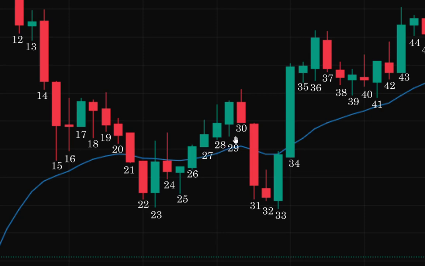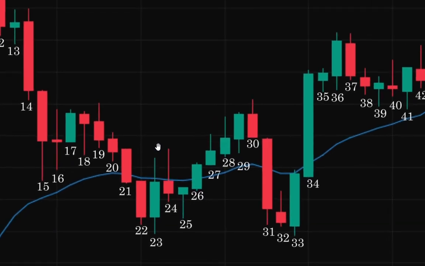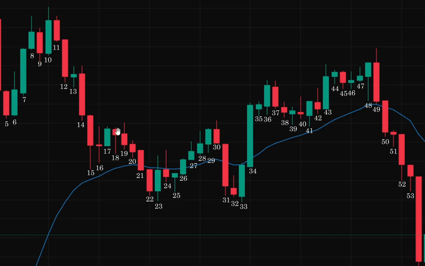Same till bar 38, the price didn't go below this. So 26, 27, 28, 29 are all signal bars, but their lows have not been hit. And this wick is just above the high of bar 19.